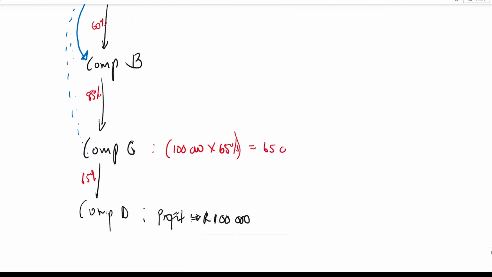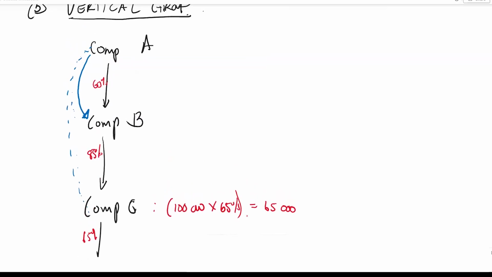Remember, guys, I said this is a simple example for illustration purpose. I'm not cutting out all the consolidation and procedures and everything. I'm just illustrating how they are all connected at the end of the day. So from the 100,000, 65% goes to company C. Now, company C will also share with its parents.